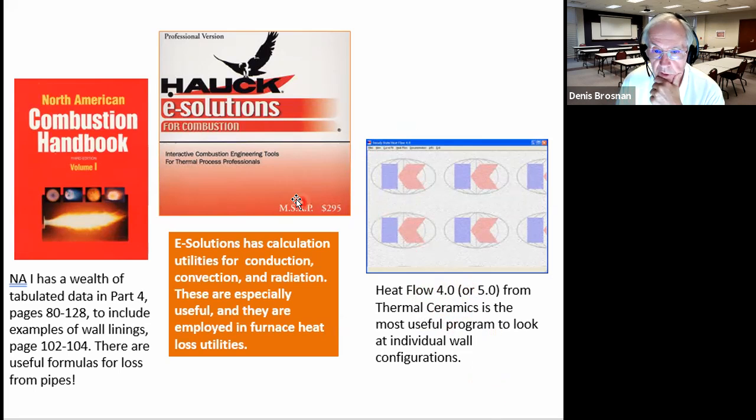I want to say that both these systems, we're going to compare them in terms of thermal conductivity calculations. They don't have the same data. The Honeywell Hauck eSolutions has file data in its database, whereas Thermal Ceramics really has data for the products that Morgan makes. So we don't know that they're the same.